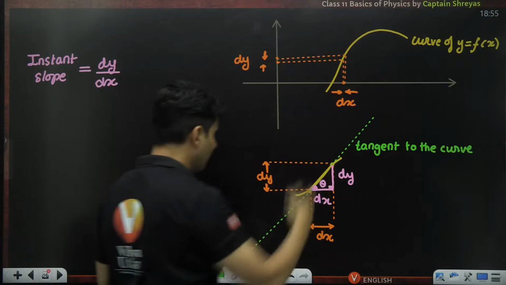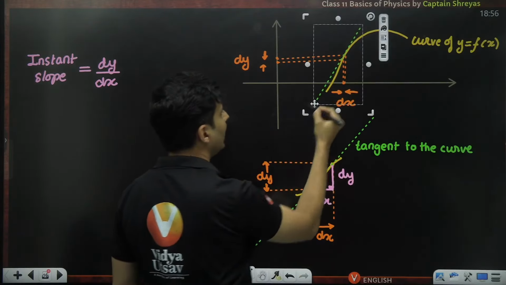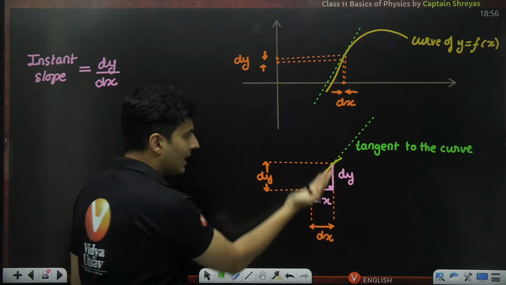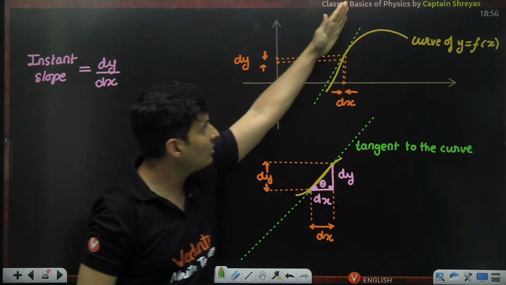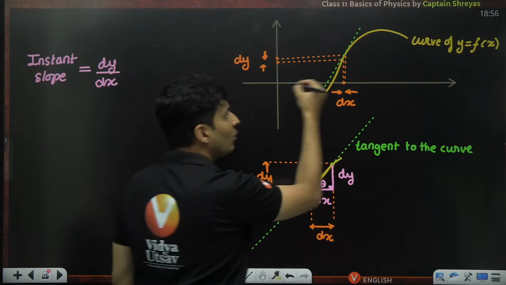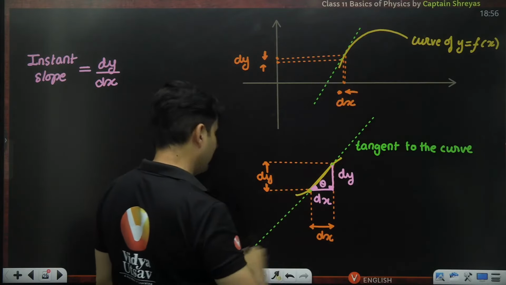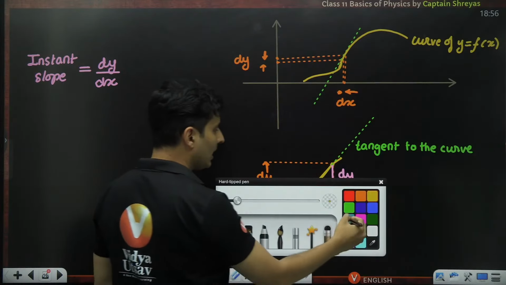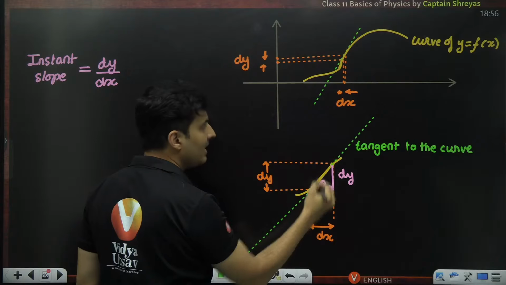And whatever angle the tangent makes with the horizontal, which is theta, will also be the angle which the tangent makes with the x-axis. Whatever the tangent makes with the x-axis is also the angle which the tangent makes with dx over here.